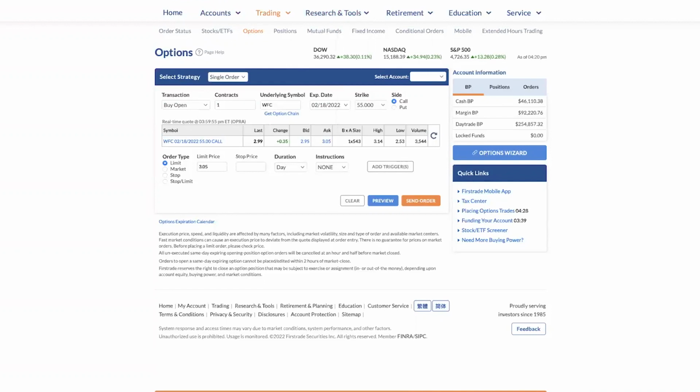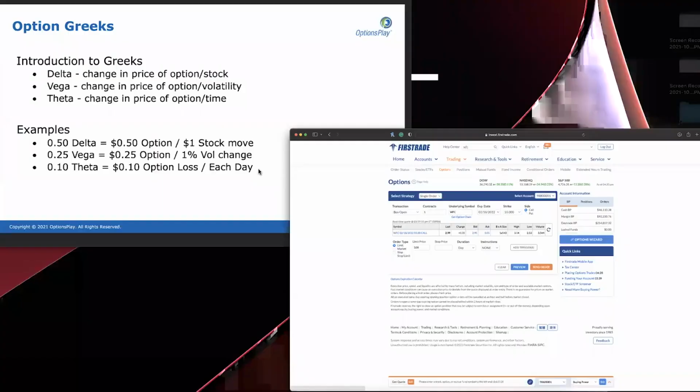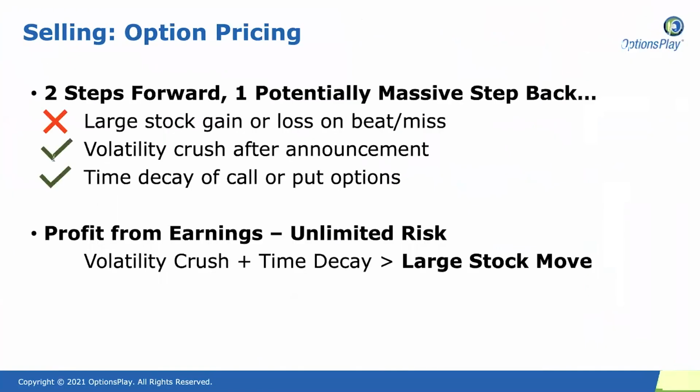There is a question here. What do you think about a short strangle play in earnings, volatility crush, time decay? So, Lee, a short strangle is a trade where you get volatility crush and time decay working in your favor, times two.